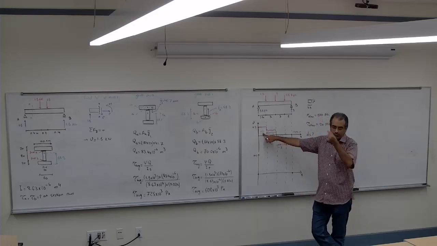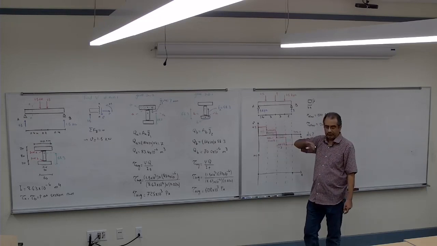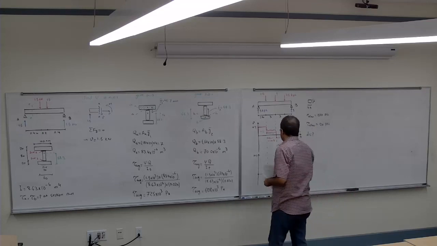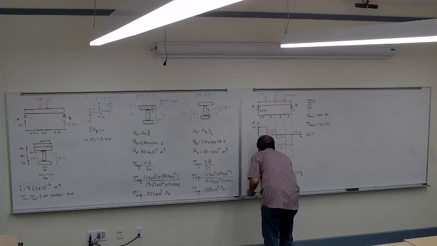So from 0 to 6. How am I going to go up? Linearly, because the shear is constant. So I will go to 6 linearly. It's 0 plus 6, which is 6.